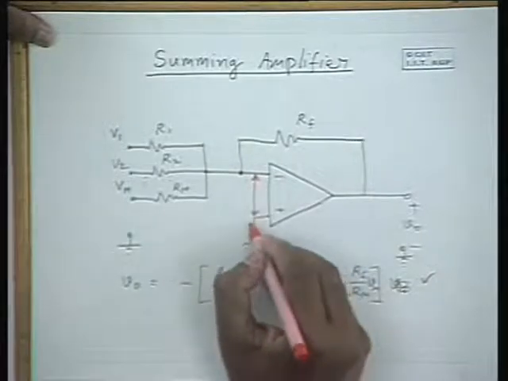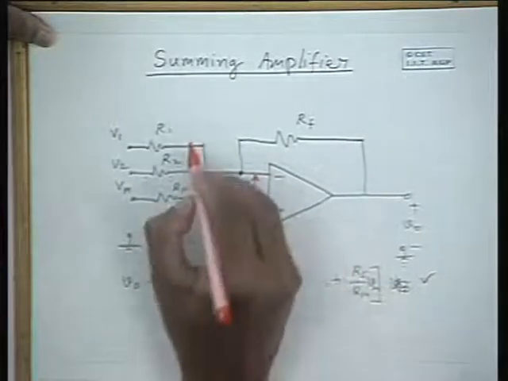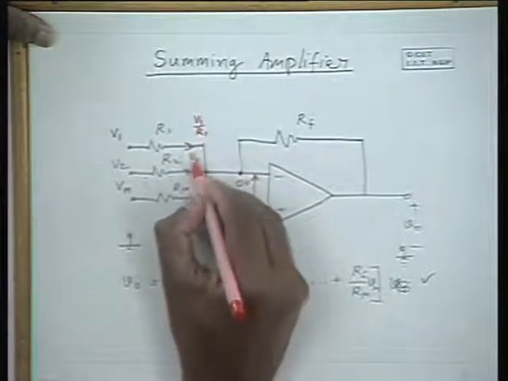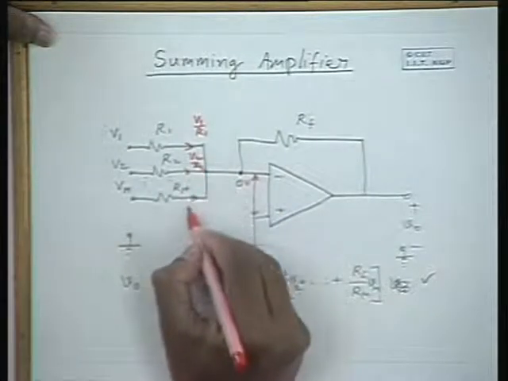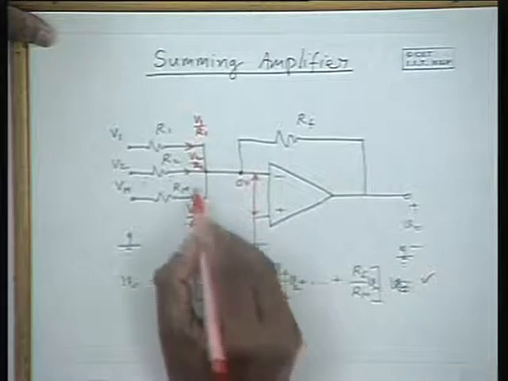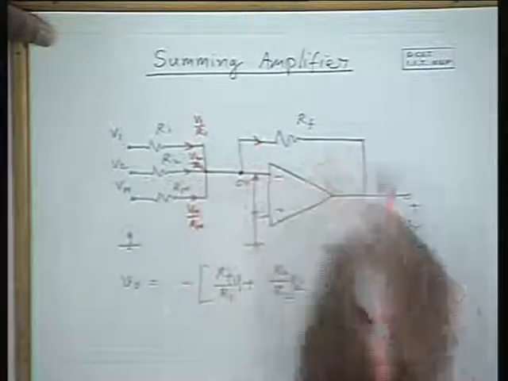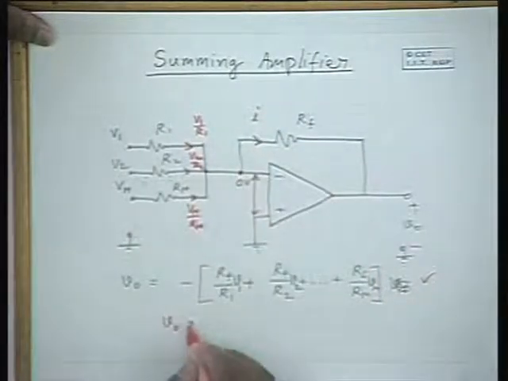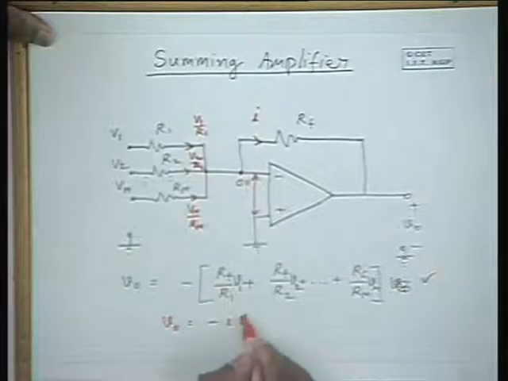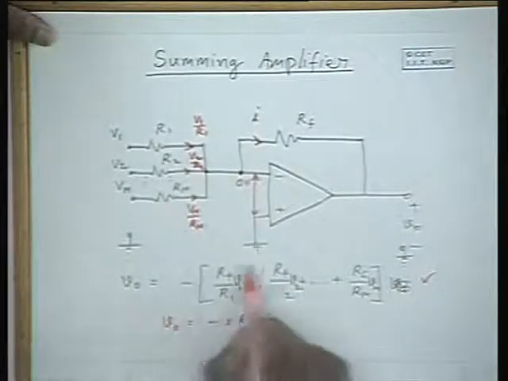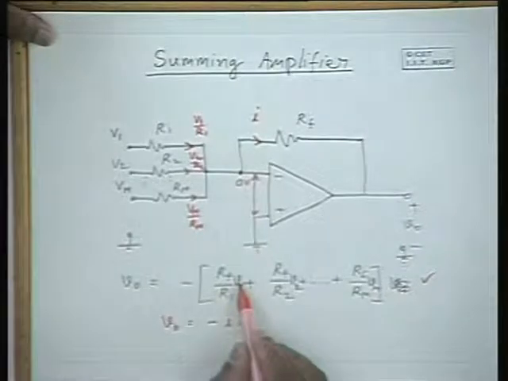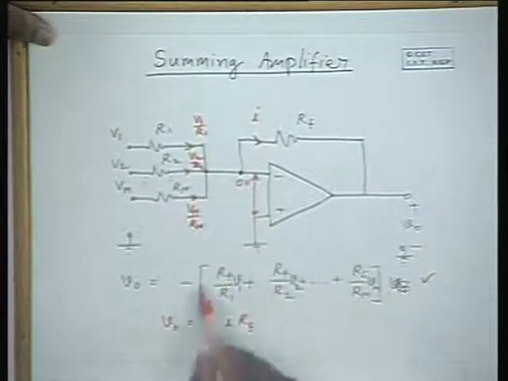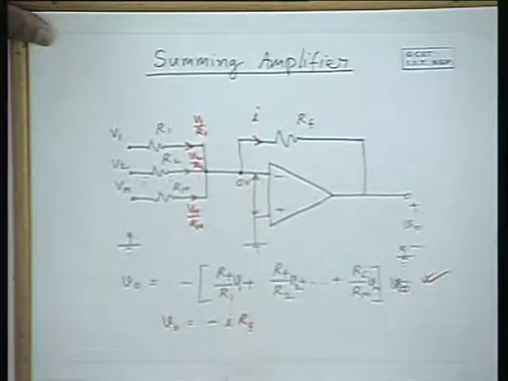By virtual short, since this side is 0 volts, this is also at 0 volts, and this current is V1 by R1, this current is V2 by R2 and so on, and this is Vm by Rm, and all these currents put together flow through RF, and V0 is minus I into RF, where I is the sum current, and this is V1 by R1, V2 by R2, Vm by Rm, etc. Hence, this expression can be obtained from this.